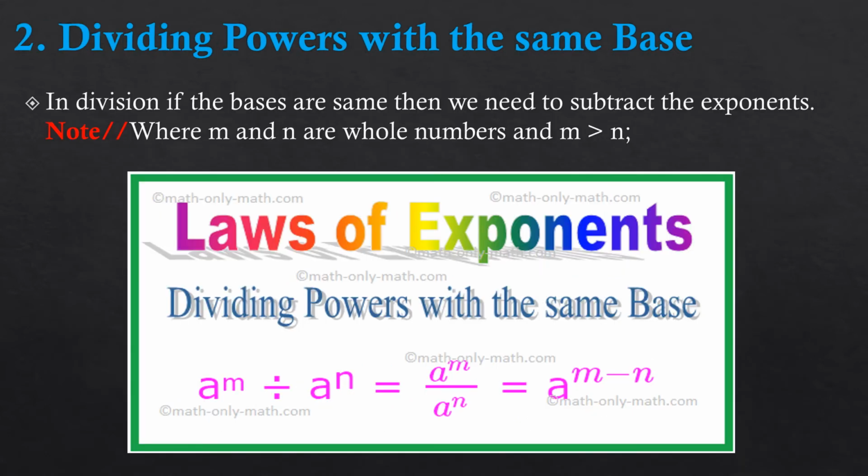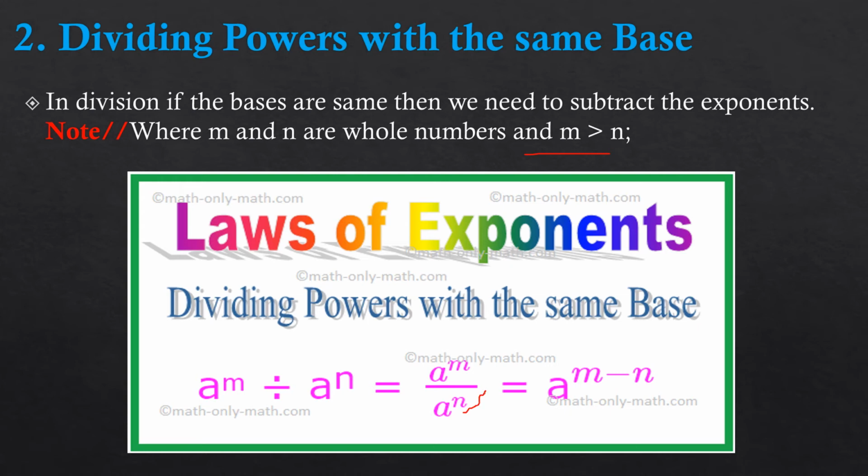Number 2, dividing powers with the same base. If we have the same base, by dividing them, we have a note here in division. If the bases are the same, then we need to subtract the exponents, where m and n are whole numbers and m is greater than n.